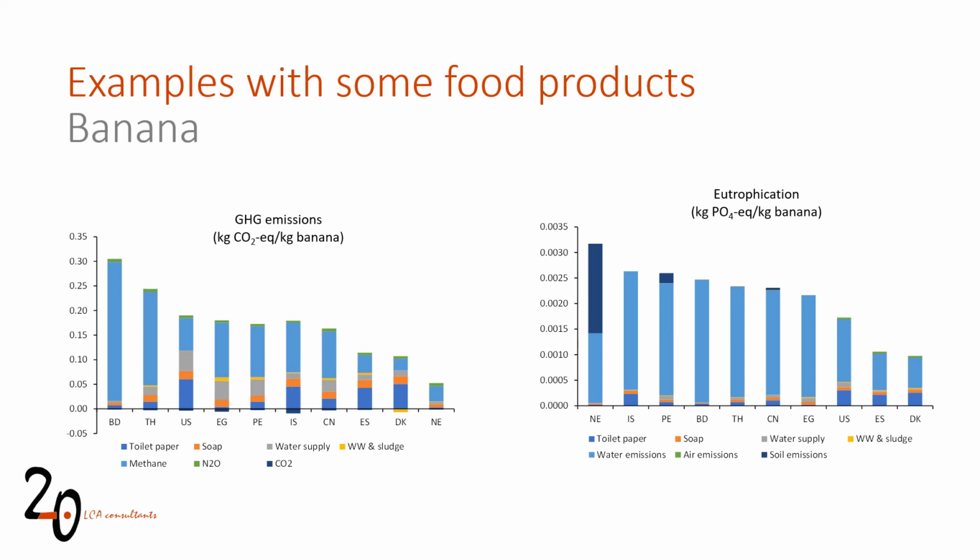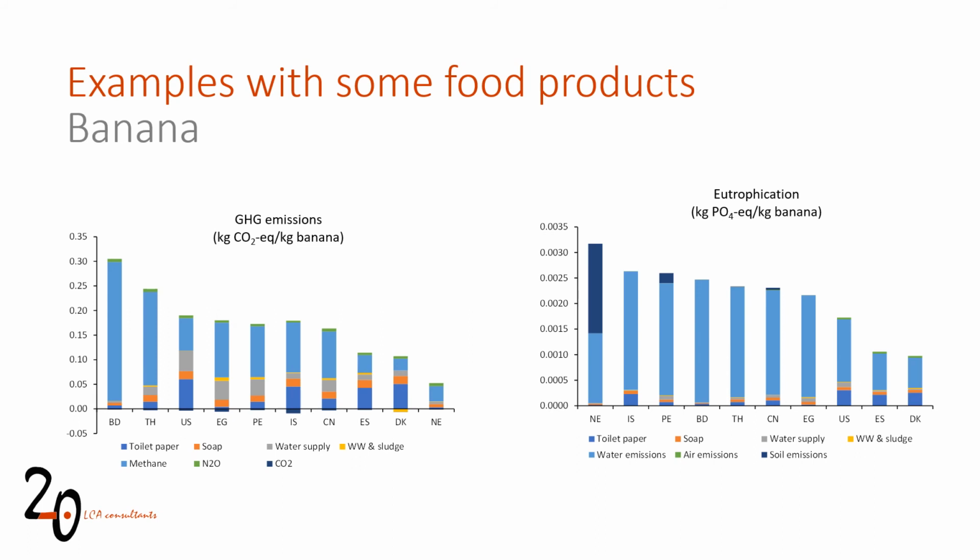The reason why we have very little impact of methane in Niger, which is the lowest ranking country, is because, as we saw in the previous table, in Niger we have a lot of open defecation, so very little methane from open defecation. Now, in eutrophication, most of the impact comes from the release of nutrients to the environment, especially in wastewater.